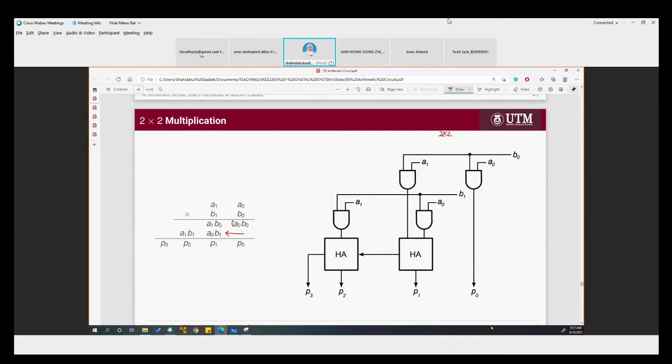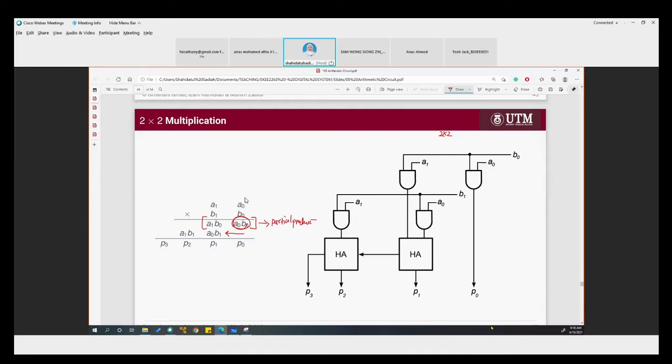So this term, the whole of this, is called the partial product term. Okay? So this term is calculated using an AND gate.